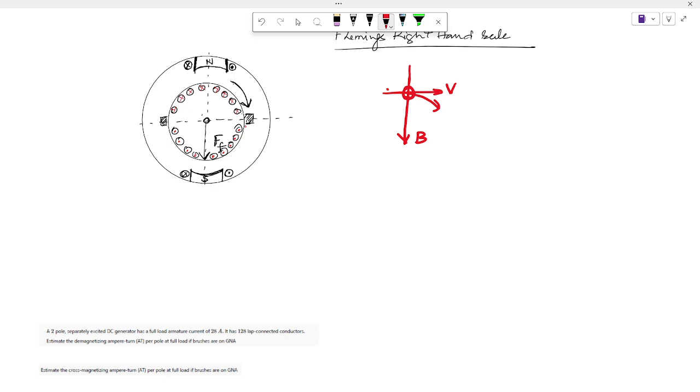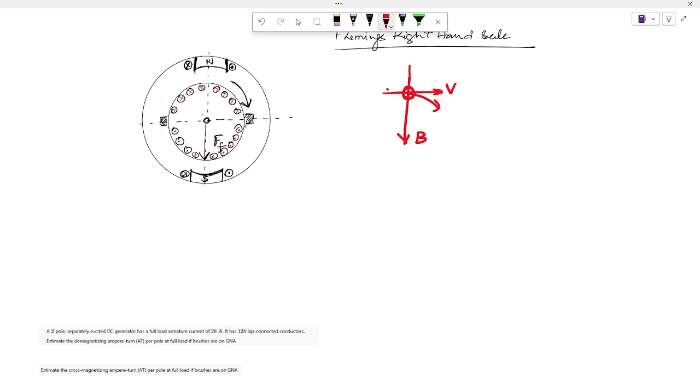Not able to imagine? Once again, see how I am showing this. This is the direction of force or velocity or direction of motion, and this is my magnetic field direction, and this will be the direction of current.